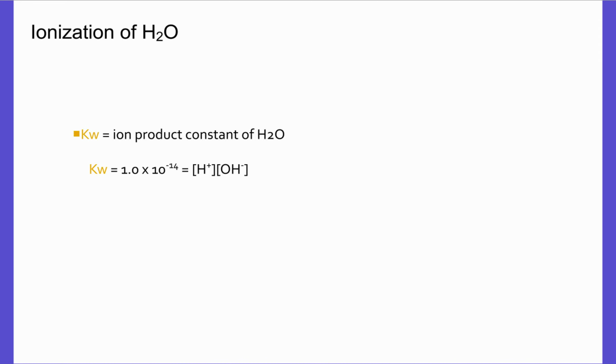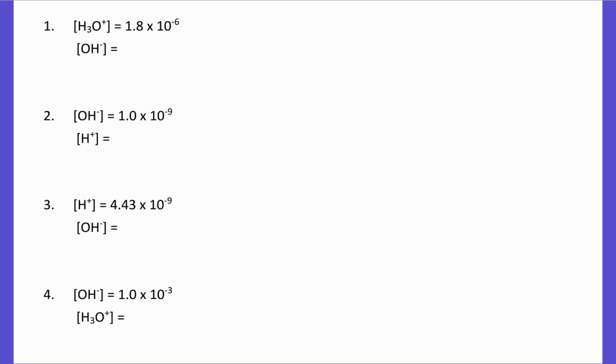This constant is something I'm going to use a lot in my calculations, right? It's really important that those two things multiplied give you this constant here. I'm going to use that for problems like these ones here, because if that's always true, then I can use it from one concentration to the other to find what's missing.